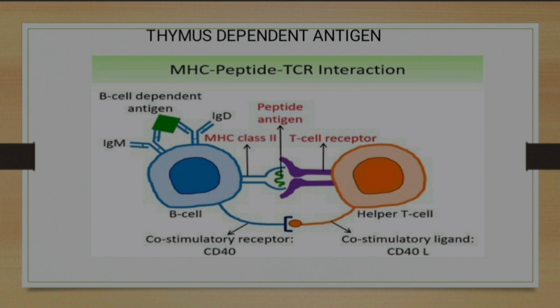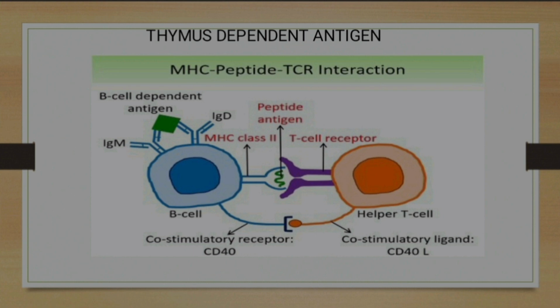Another one is thymus dependent antigen. The MHC peptide and TCR interaction. This shows how the major histocompatibility complex peptide and the TCR interact with each other. Thus the thymus dependent antigen is a T cell dependent antigen. One is the B cell, another one is the T cell.